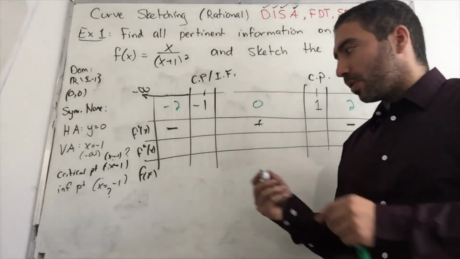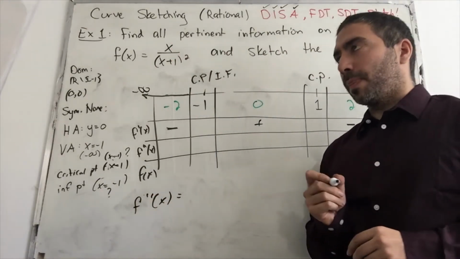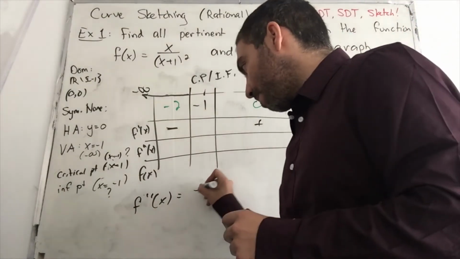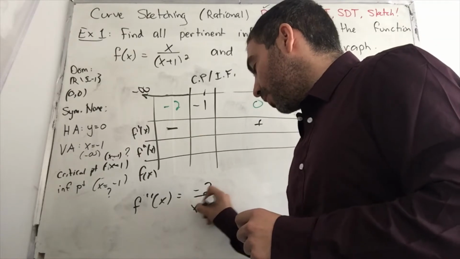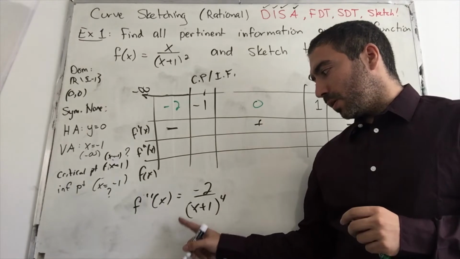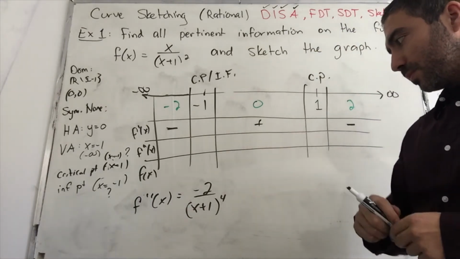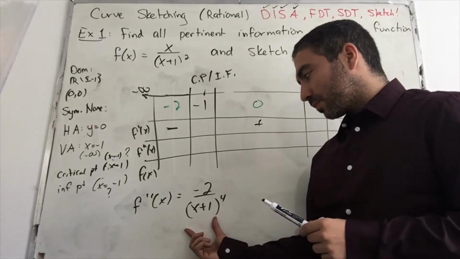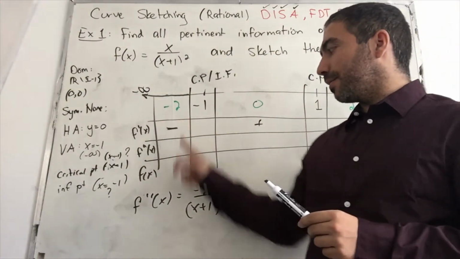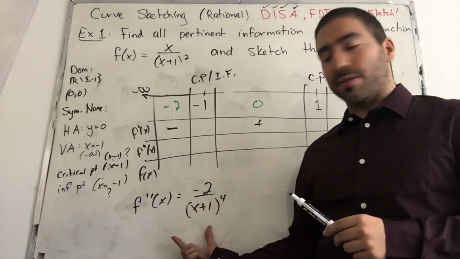So the second derivative was, it was negative 2, I believe, over x plus 1 to the 4. Yeah. So we have negative 2 over x plus 1 to the 4. So here technically we don't have to test all the values, because if we put in negative 2, no matter what we put in the denominator, because it's to the exponent 4, it's always going to be positive.